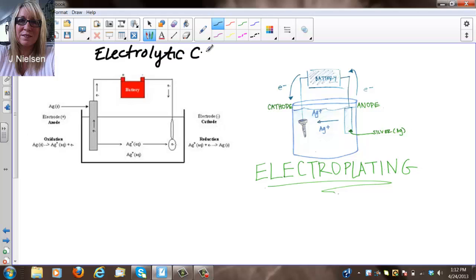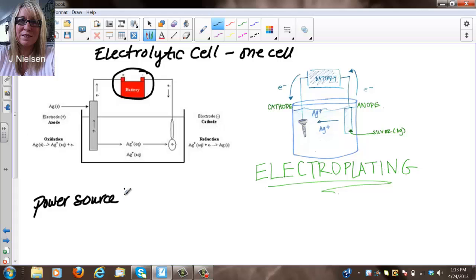Notice how there is only one cell, as opposed to a voltaic cell, which has two cells, and there is no salt bridge. Notice that you have a battery source. So here you need a power source to drive a non-spontaneous reaction.